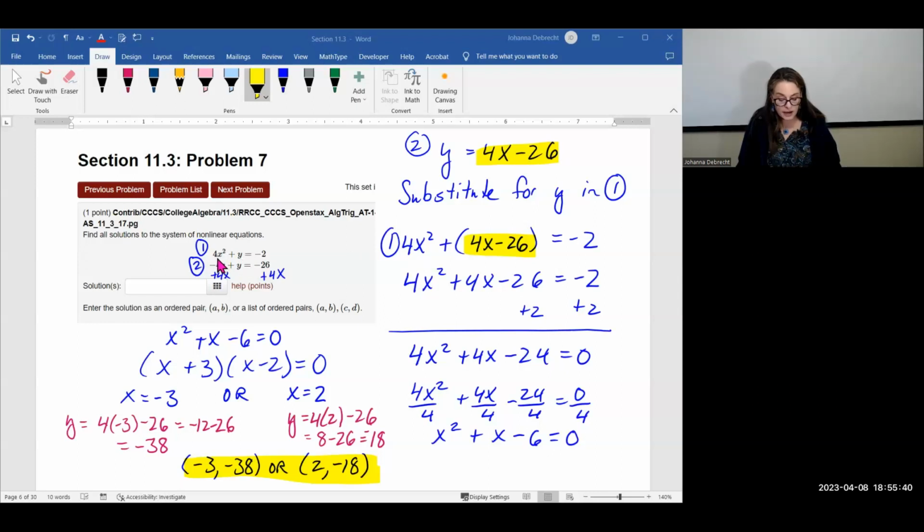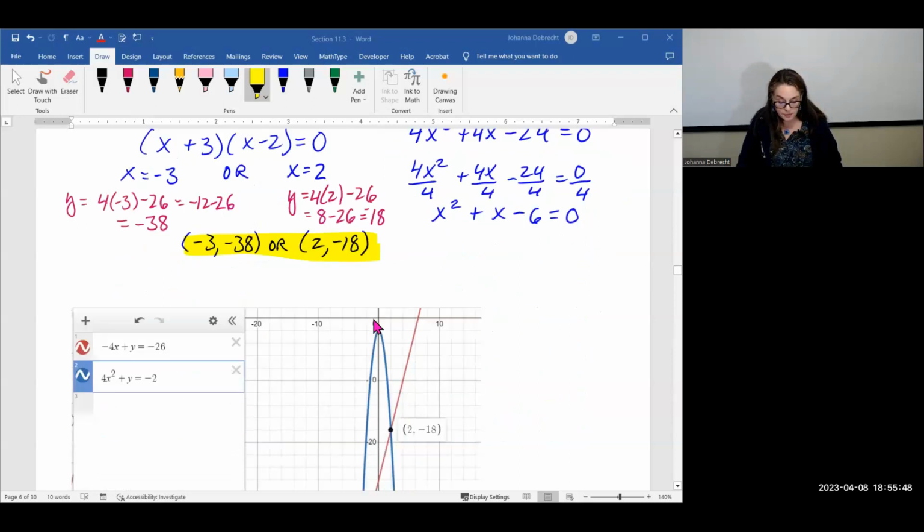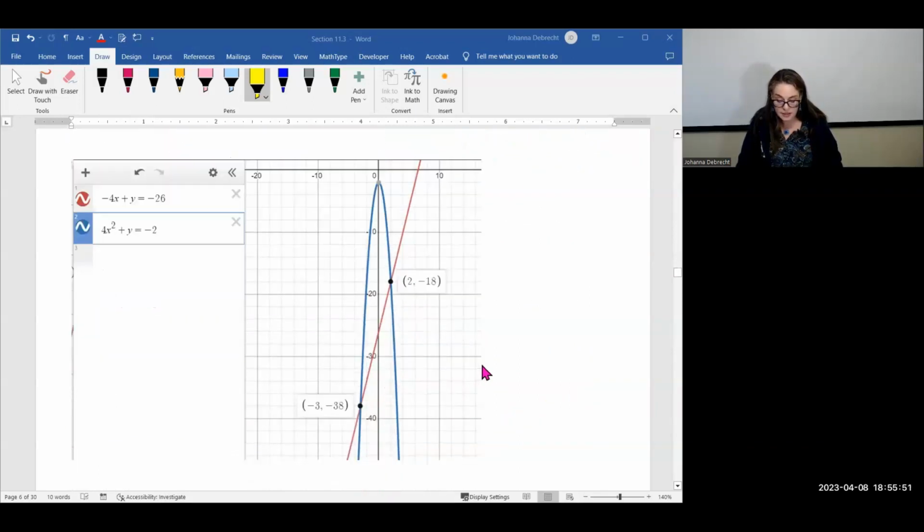If I solve for y, I'd have a negative 4x squared, which must mean it's been reflected down, and it's also been shifted down by 2. So if I look at it, you can see the two curves interacting here. The line here is in red, and that's going to give you 2 points of intersection with the downward opening parabola here in blue.